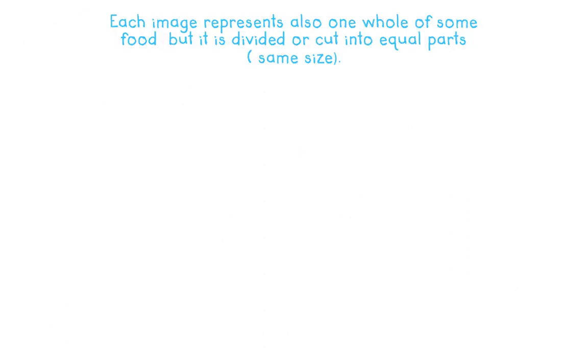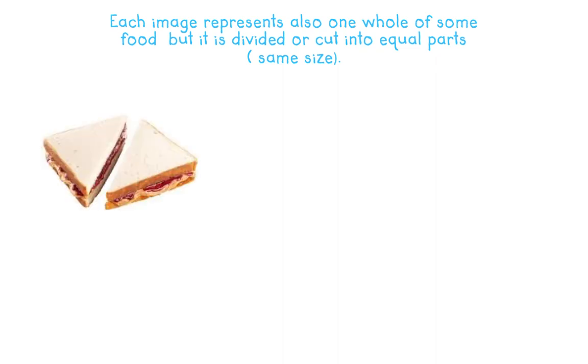Now each image represents also one whole of some food, but it is divided or cut into equal parts, same size. I have a whole sandwich, but this whole sandwich is divided or cut into 2 equal pieces, 2 same size pieces, 2 equal parts.